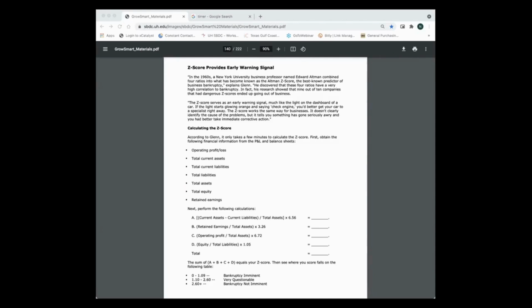Pick one. If it were me, I would do it before depreciation, particularly if I'm a manufacturing business and I have a very big depreciation expense, because it could impact that number. But the most important thing is to be consistent in whichever one you use, and use the same formula year in, year out.